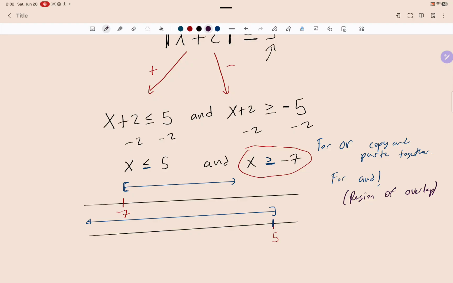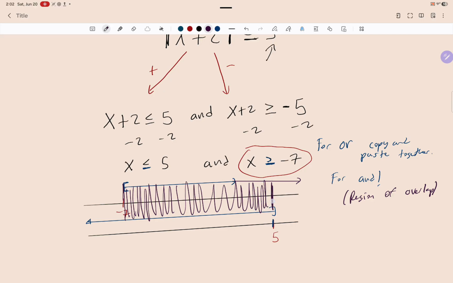I'm going to stretch this out a bit more to make it more obvious. It starts here. So this would be our region. Notice that they both go in this direction here, but it stops here. In other words, where they both exist, or by exist, they overlap. So it goes from -7 to 5. And remember to keep the original symbols, which are brackets. So in this case, it's going to be -7 to 5.